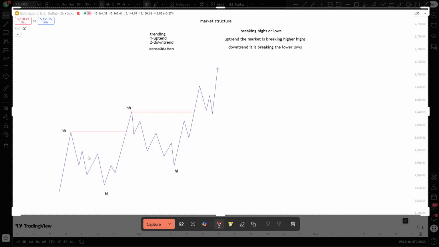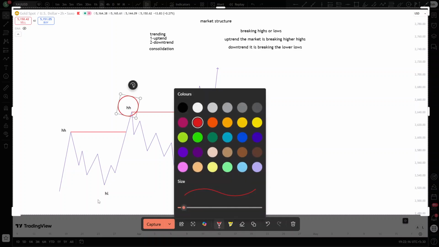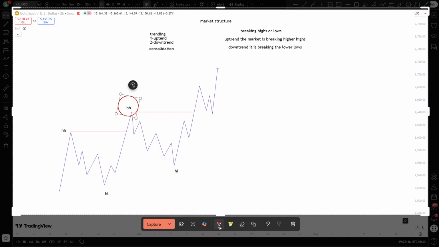Look at this. What are you seeing here? This is your new higher high, and this is your new higher low.